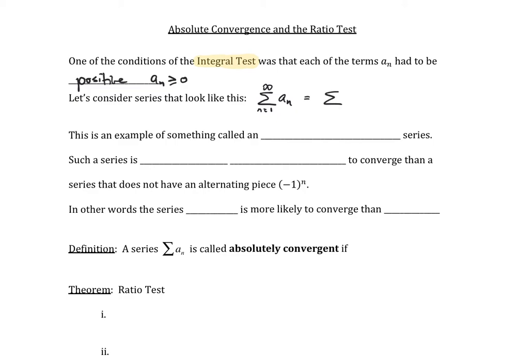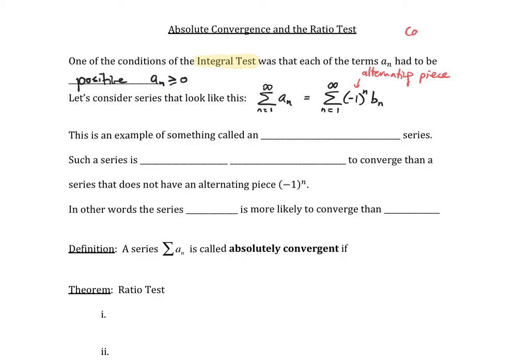We can rewrite it as the summation as n goes from either 1 or 0, depending on the problem, and we're going to put this (-1)^n in front, and then a b_n like this. This (-1)^n in front, this part is what we call the alternating piece. In other words, that's going to cause the sign of each term to alternate.